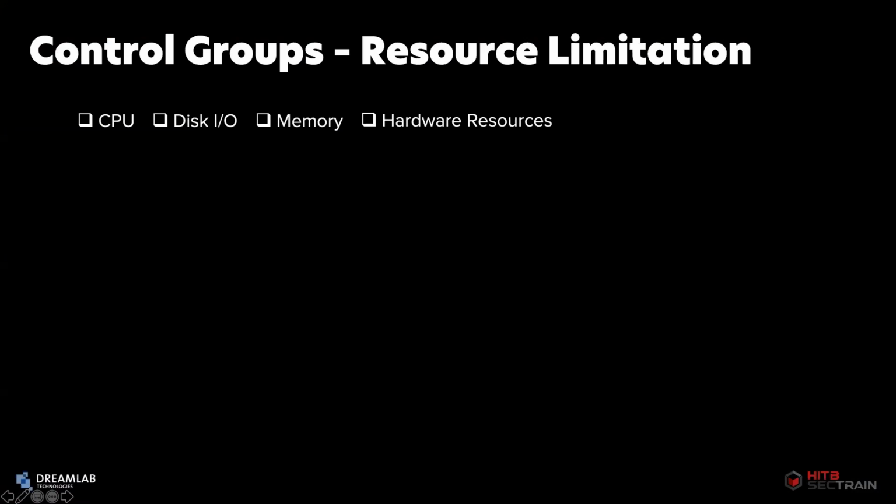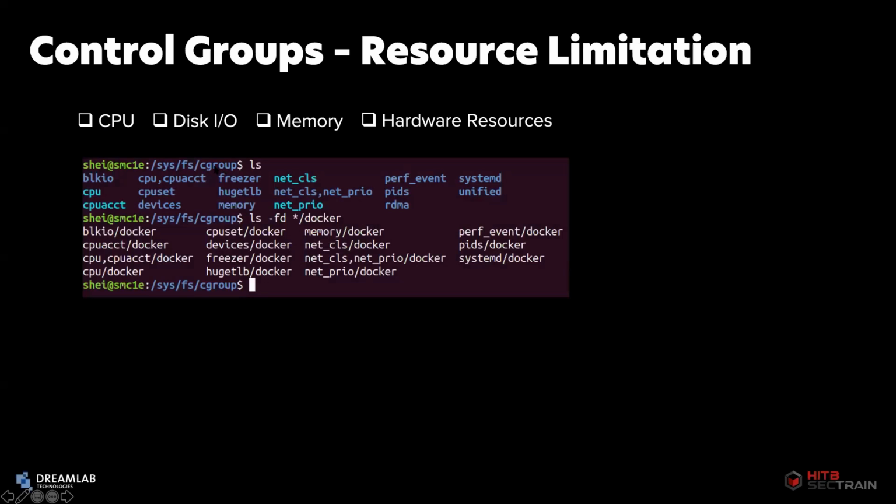Good. So let's talk about control groups. Docker makes use of control groups, or cgroups, for resource limitations. We are talking about CPU, memory, among other hardware resources, right? In the host machine, the cgroups are located under this path. Creating a new directory here means creating a new cgroup of the corresponding type.